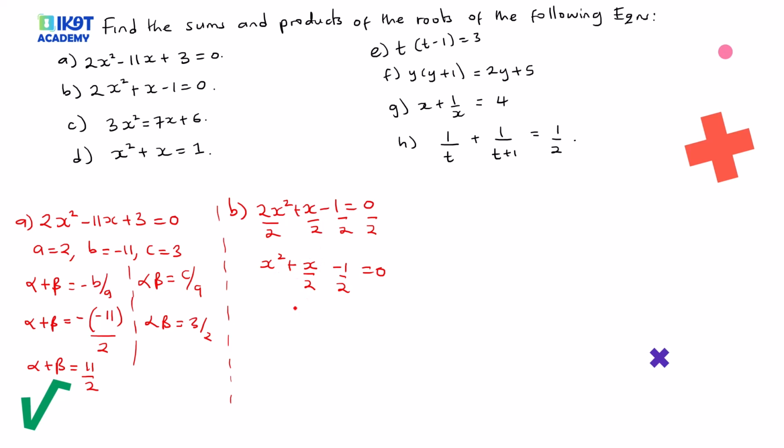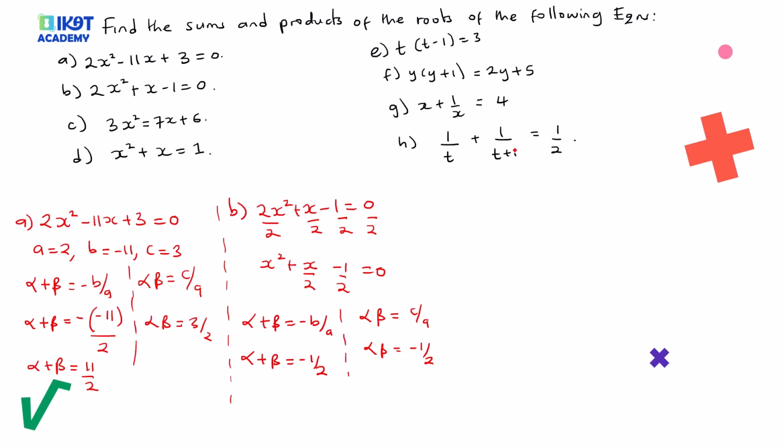Here we can say the sum of the roots is negative b out of a, but we already divided by a, so the sum of the roots would be negative a half. The product is c out of a, so the product would be negative a half. That was just my example, but you can now work out all of these.